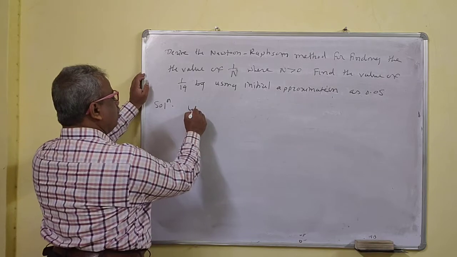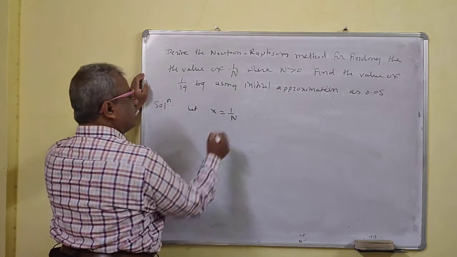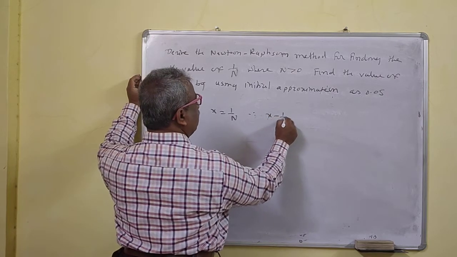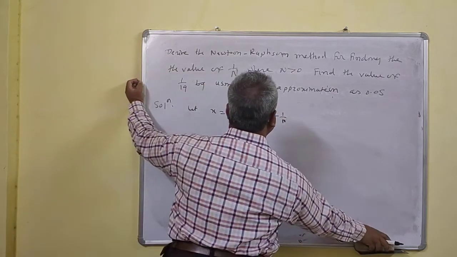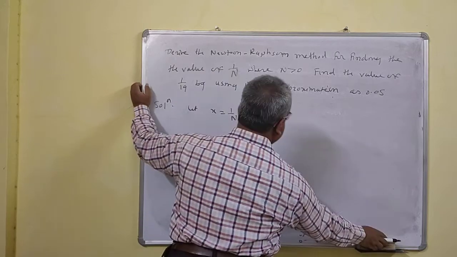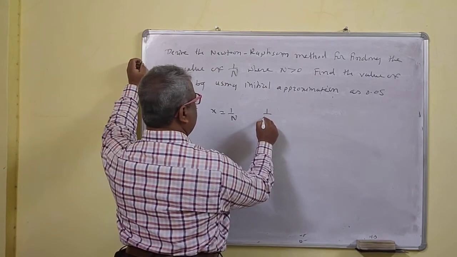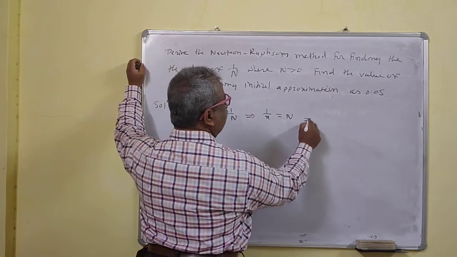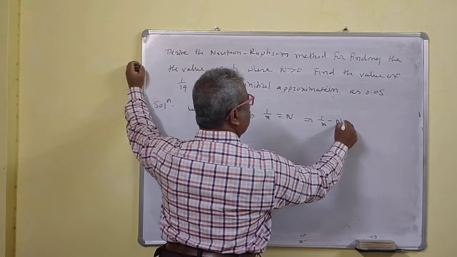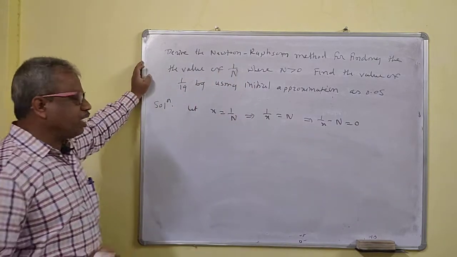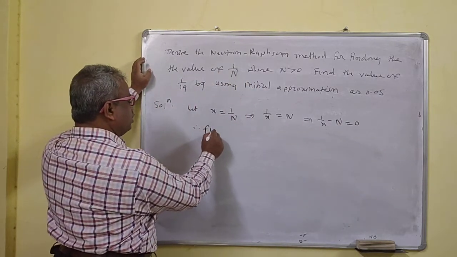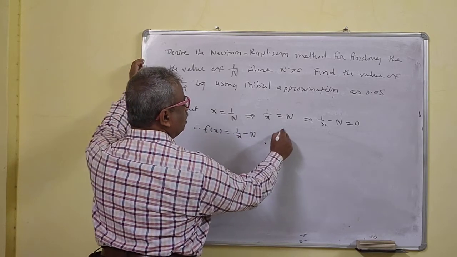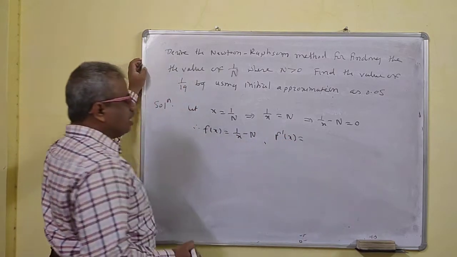Let x is equal to 1 upon n. Therefore 1 upon x is equal to n. So this implies that 1 by x minus n is equal to 0. So your equation is f of x equal to 1 by x minus n, and for this you need the derivative.